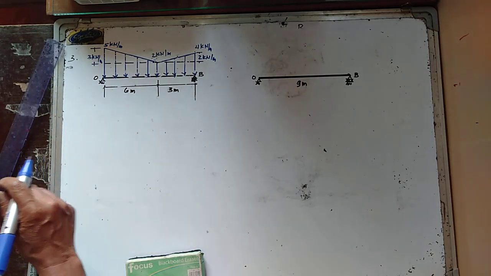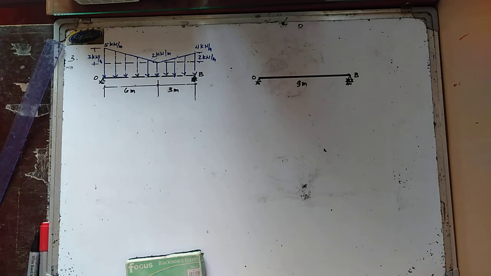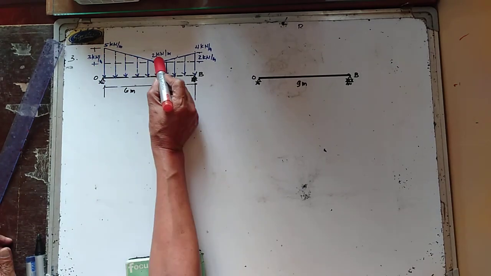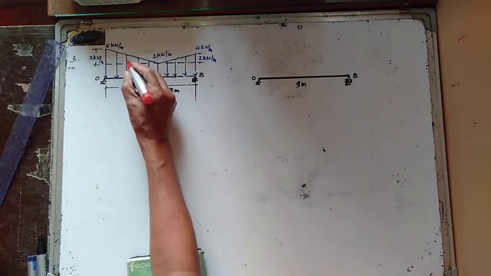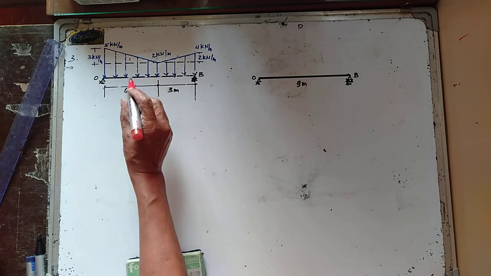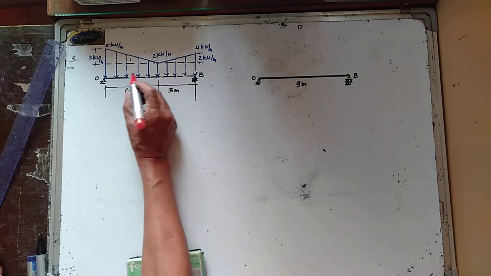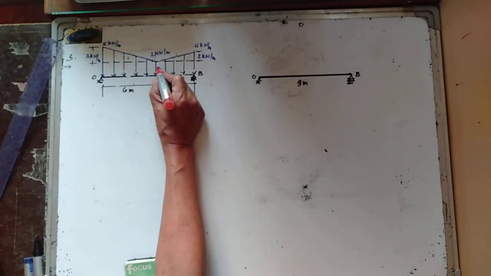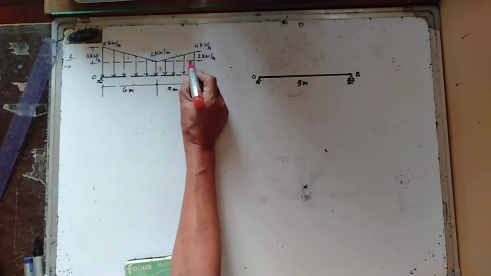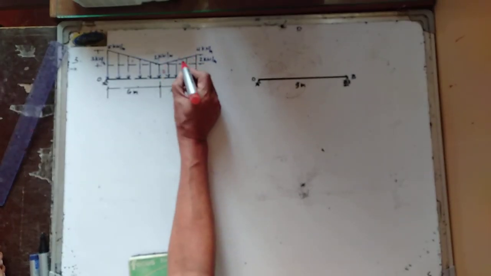Now your 3 kilonewton per meter. Now I am going to consider this triangular area as the first area, this uniformly distributed load as the second area, and another triangular loading as the third area.